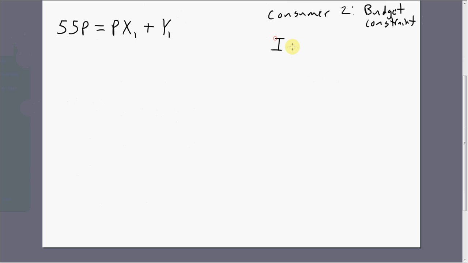So from consumer 2's perspective, the consumer's income, I, can be written like this. This consumer has 110 units of good Y. So from the previous slide, we said the initial endowment for consumer 2 was 110 units.